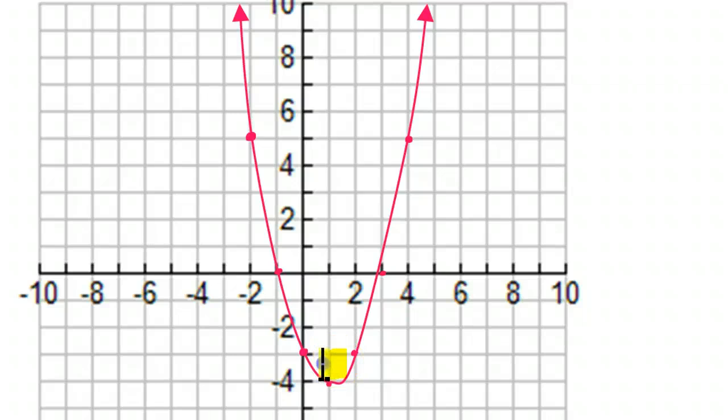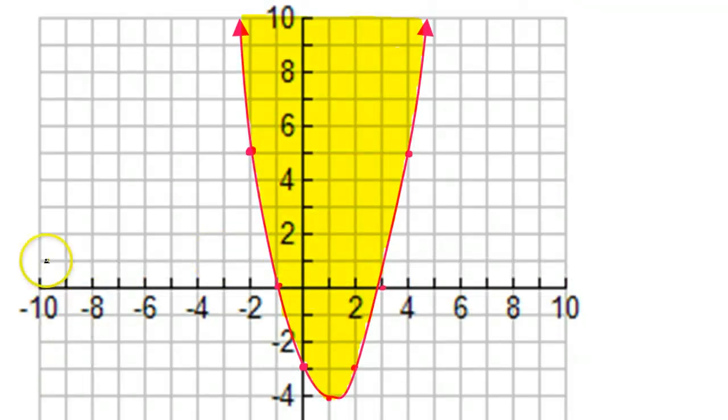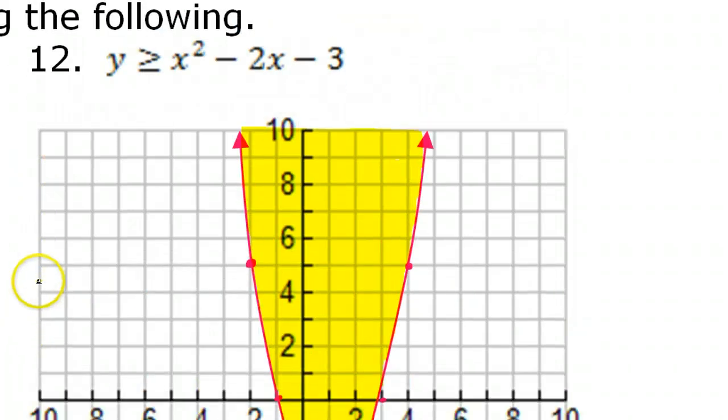Above the vertex would be all up in here. Once you shade in a little part that's above the vertex, it's clear that you need to shade in everything in this region. Okay, so this is the solution set for number 12.